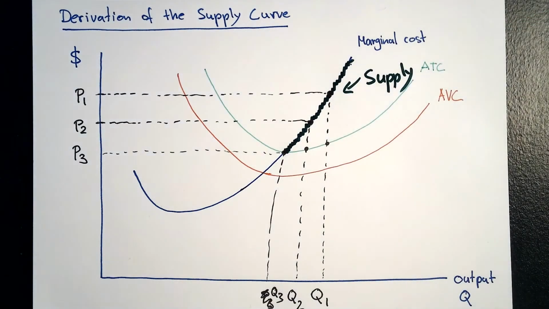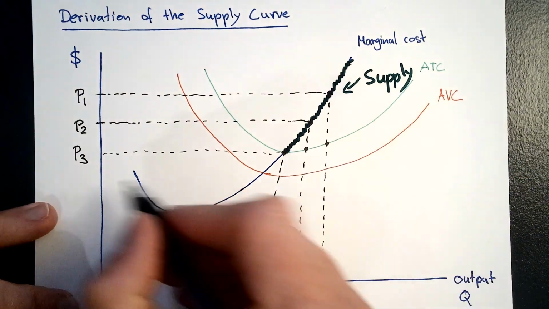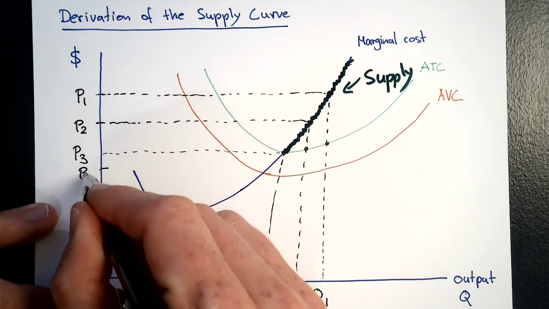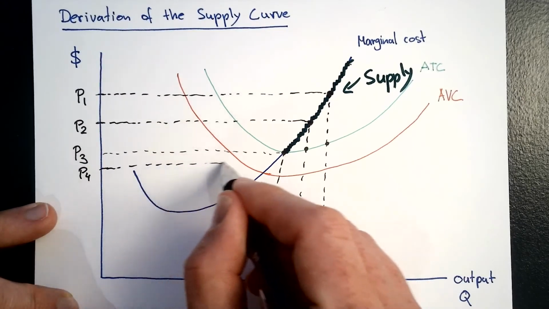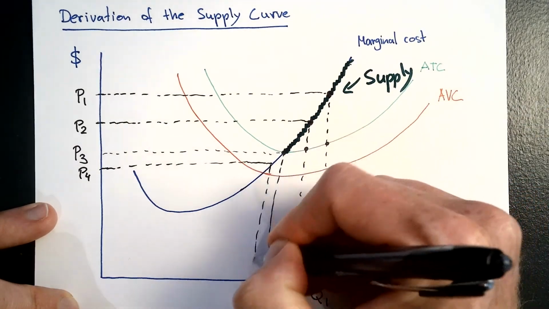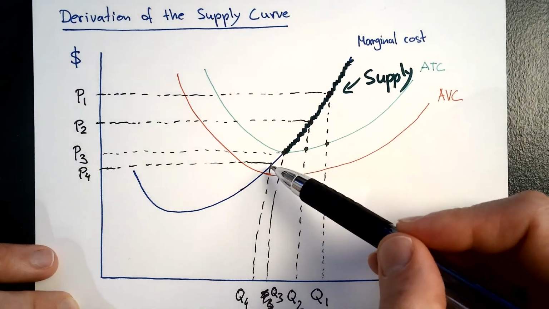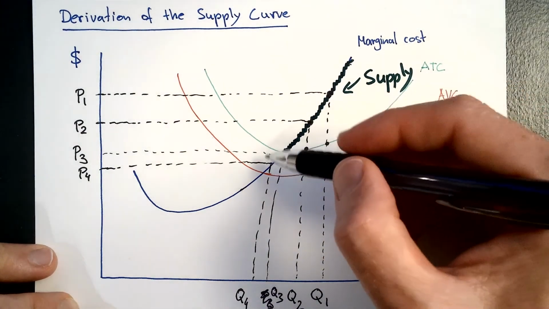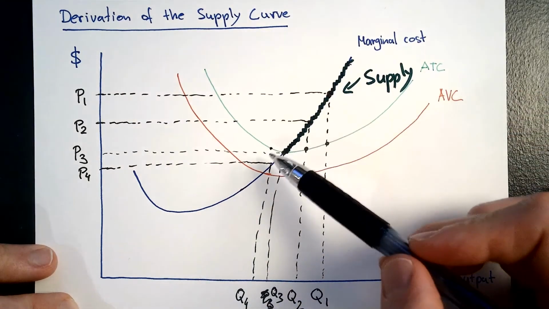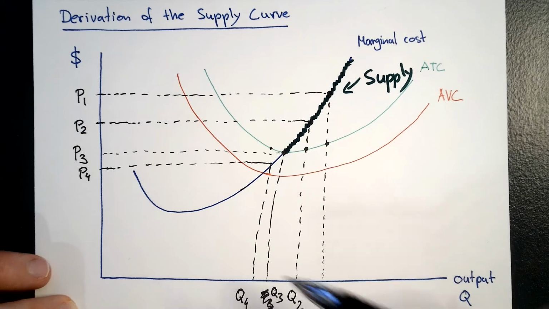Now note that if the price drops below the minimum of the average total cost, say to P4, but is still above the average variable cost, so here we have Q4, then it turns out that the firm is making a loss, because now the average total cost, or the per unit cost, is above the price.